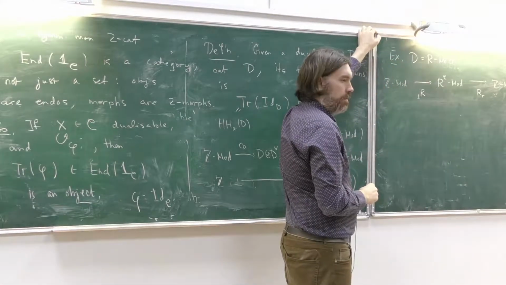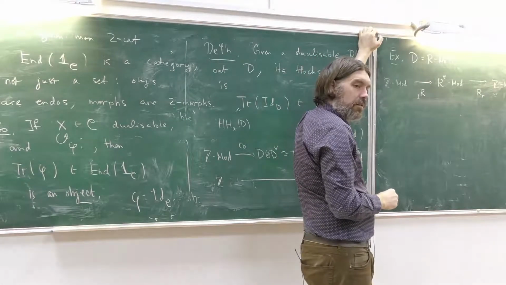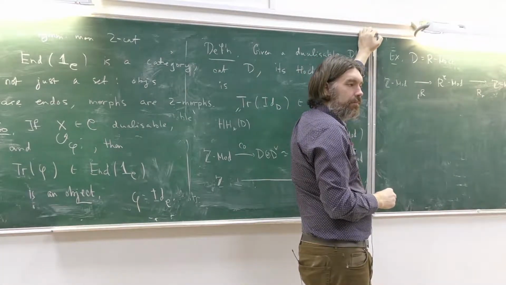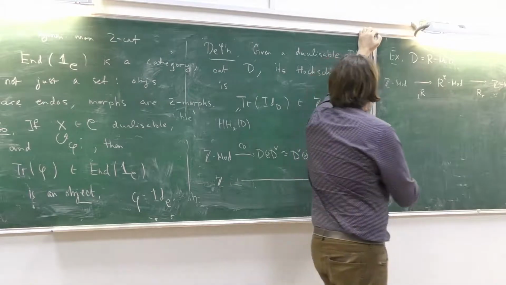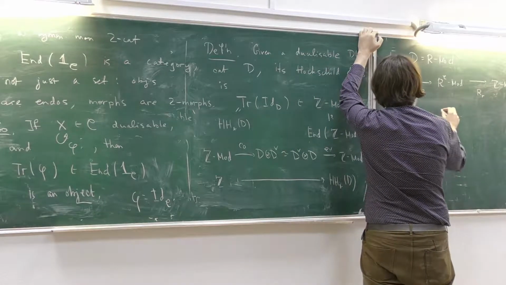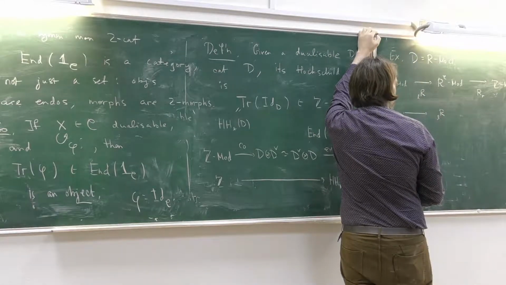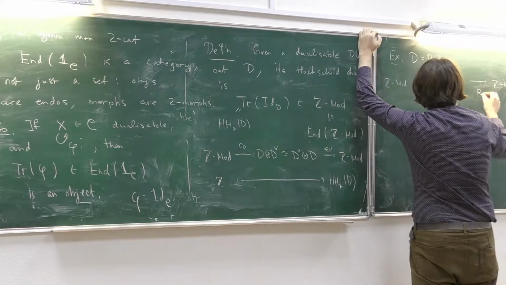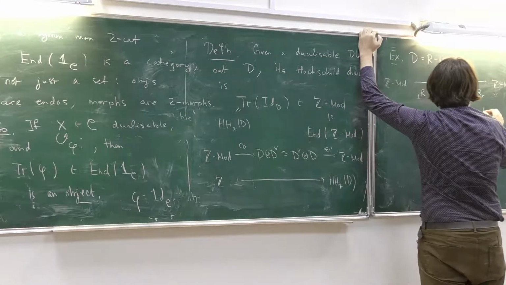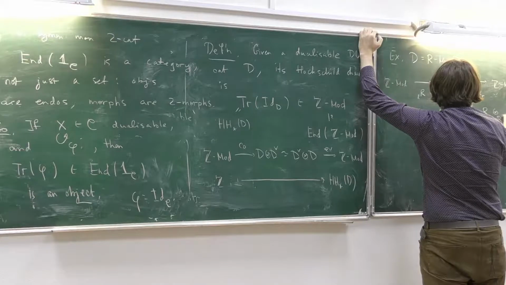So what's the composite? I didn't say this. How do you compose bimodules? You take their tensor product. So this will be Z goes to the diagonal bimodule where R^e acts on the left. And then this will send it to the tensor product, like this.